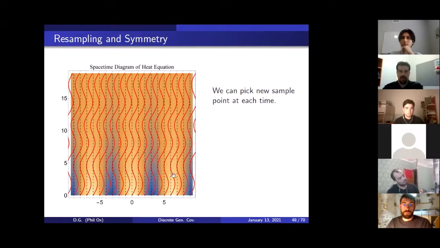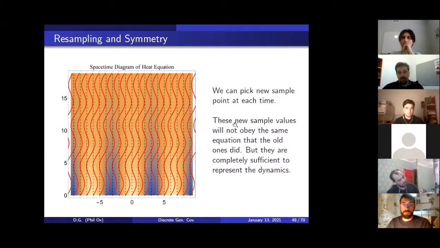Right, and so for instance, we might pick these red sample points at each time, and they move around, and they don't have to stay uniformly spaced, although they do here. And what we can do is sample the field on these new sample values, and then those discrete values would obey some other equation. Maybe not the same one as the old one. Most times, they won't obey the same equation that the old lattice points did, but they are completely sufficient to represent the dynamics. You can totally do this, and that's fine.